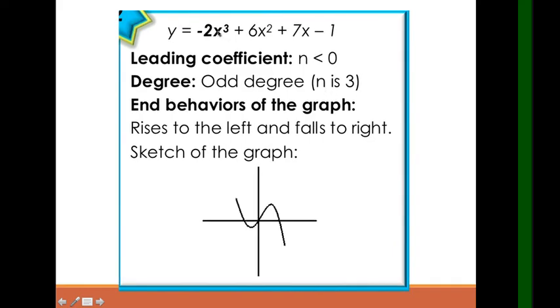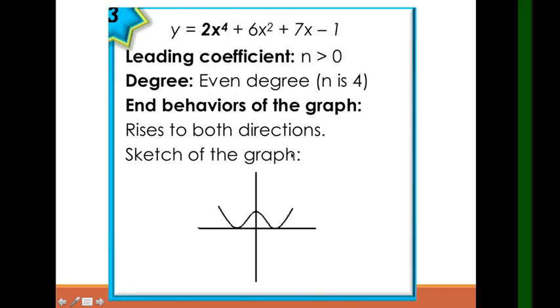So, the leading coefficient is less than 0, odd degree, n is 3. So, rises to the left and falls to the right siya. Pag less than 0, sa left yung taas niya, then pababa. Kapag greater than 0, sa left falls, sa right yung up.